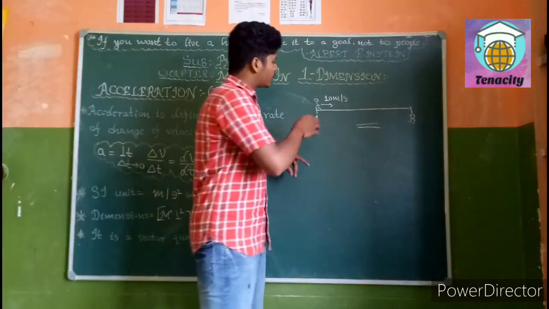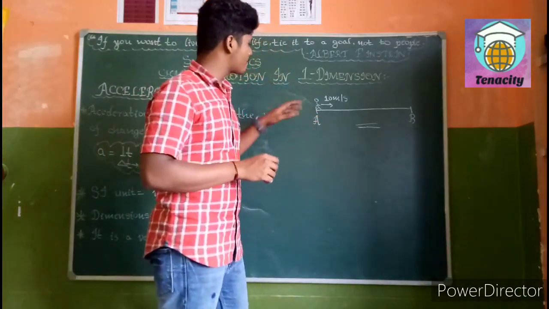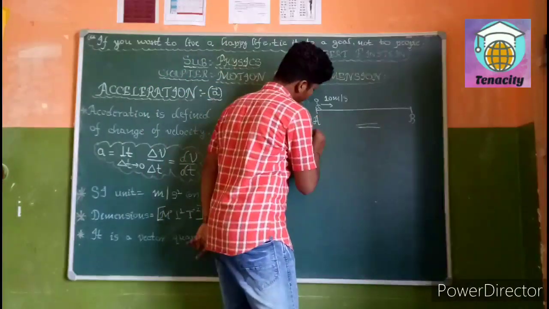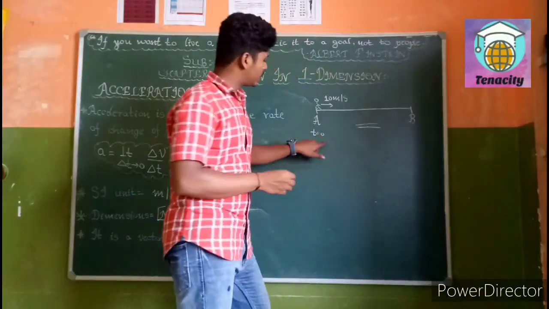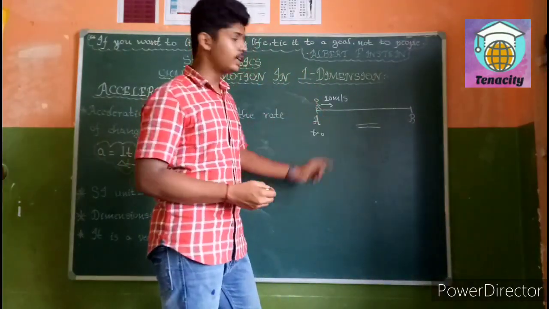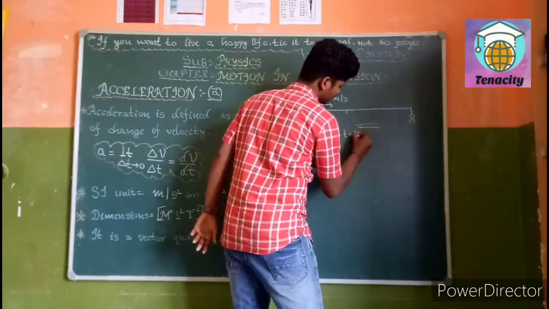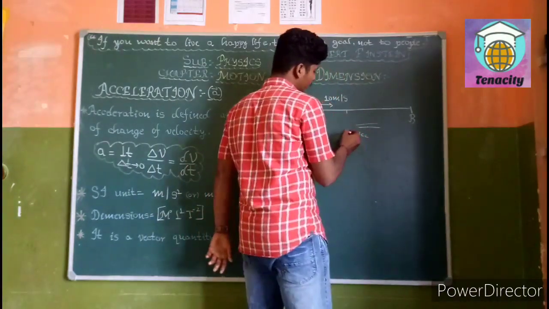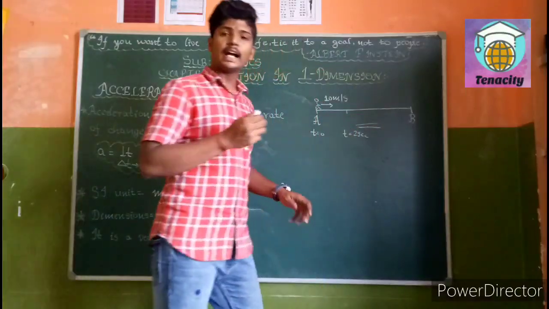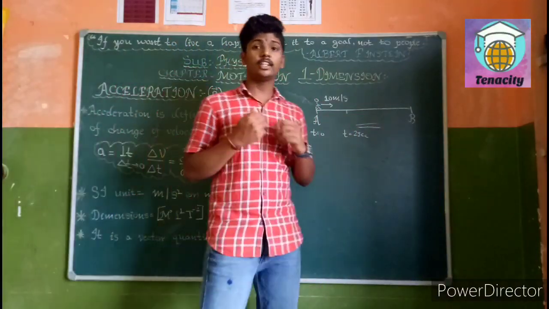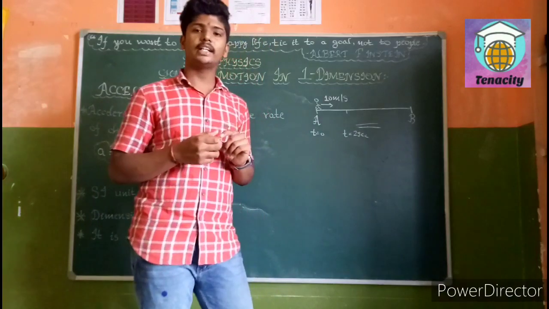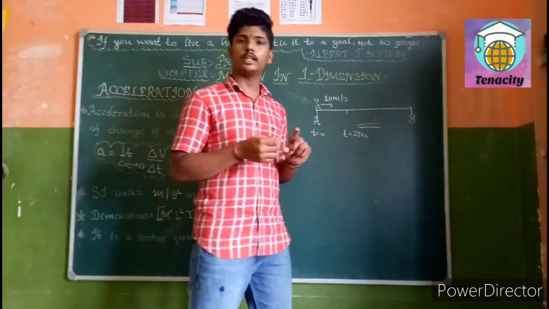Now consider at time t equal to 0, he is starting with 10 meters per second, and at t equal to 2 seconds, his velocity has either increased or decreased, we call it accelerated motion only.